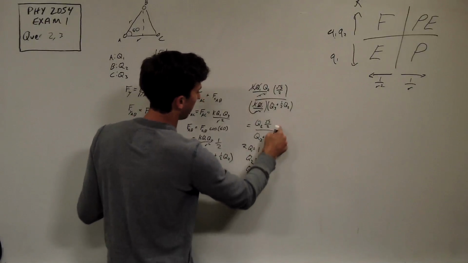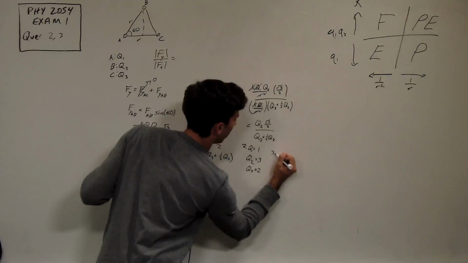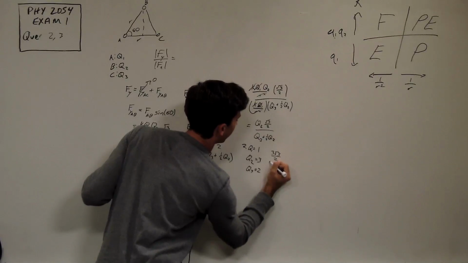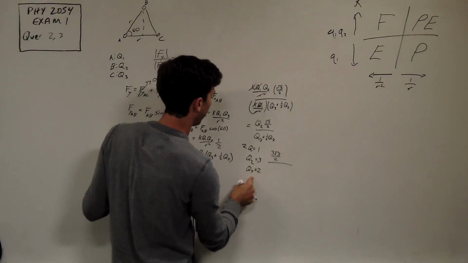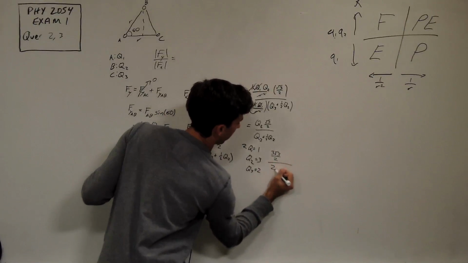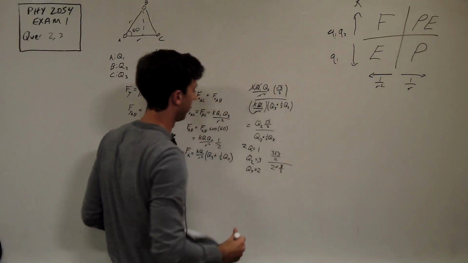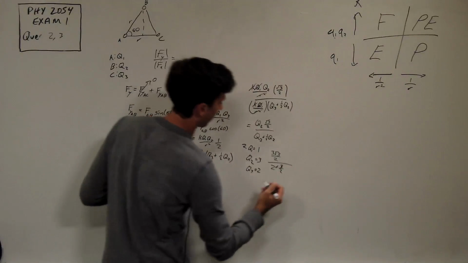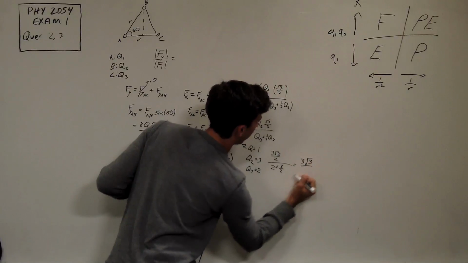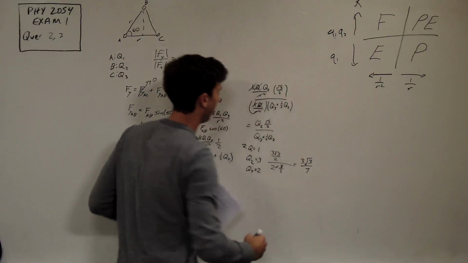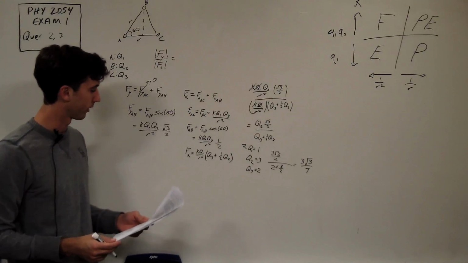Okay, plug this in, you get 3 root 3 over 2 divided by 2 plus 3/2. Okay, so that is equal to 3 root 3 over 7, which you can plug into a calculator and find it is equal to 0.74.